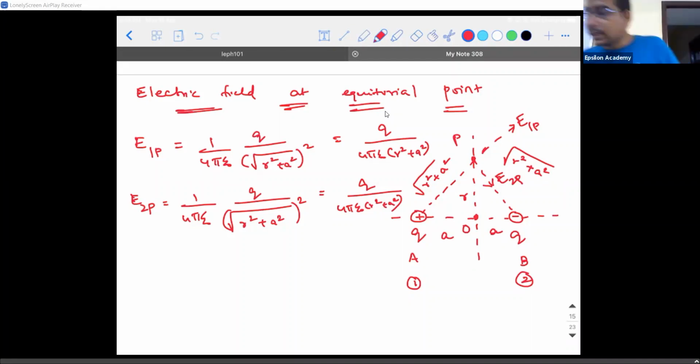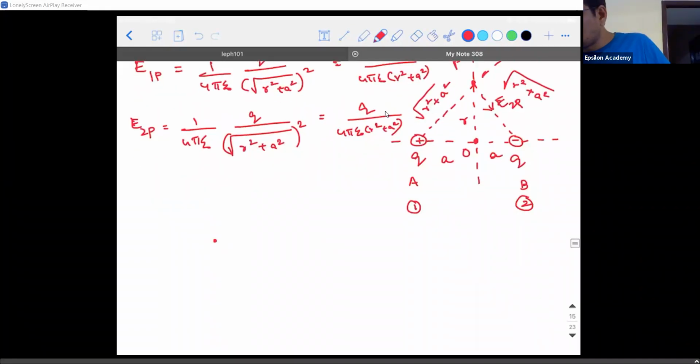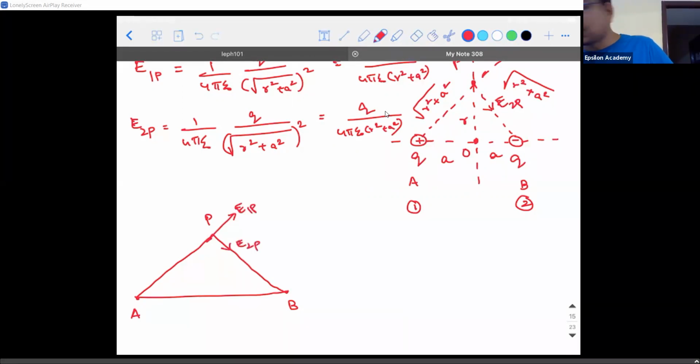Okay, so what is happening at point P is, if I take the points A, B and P, this is the electric field due to the first charge at point P. This is the electric field due to the second charge at point P. This distance is root of r square plus a square.